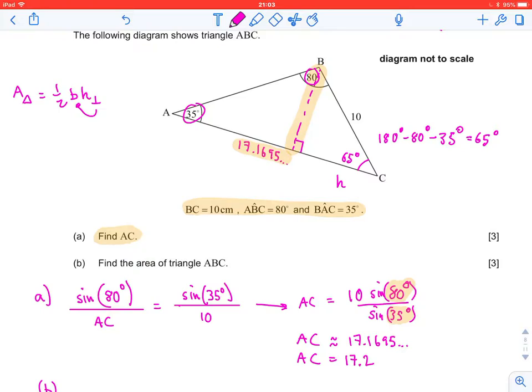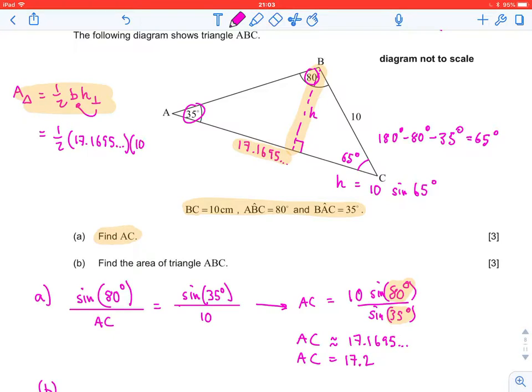The height, then, that is this height right here, we can get that height is equal to 10 times sine of 65 degrees. And so just going straight into this formula, we could see that the area of that triangle is 1/2 times the base, which is that 17.1695 and so on number.